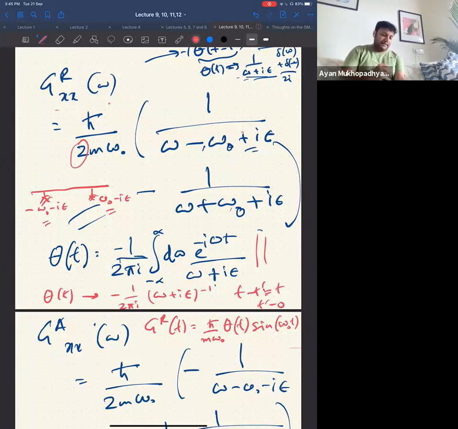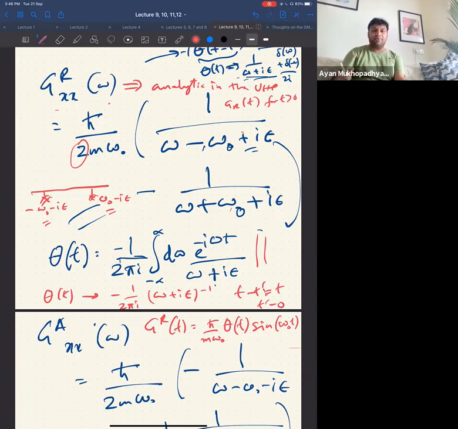So clearly, one of the important things is that G^R(omega) is always analytic in the upper half plane. It's a very general statement. That simply comes from the fact that G^R(t), because of the theta function, is going to vanish for t less than 0.